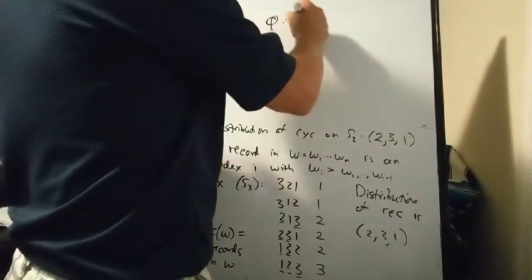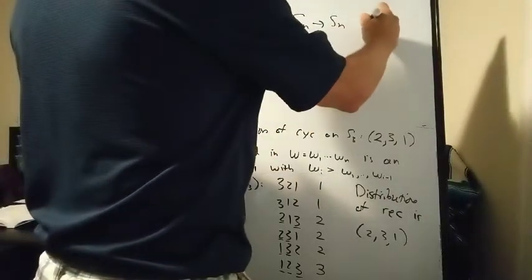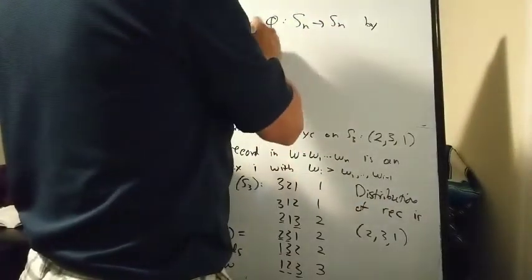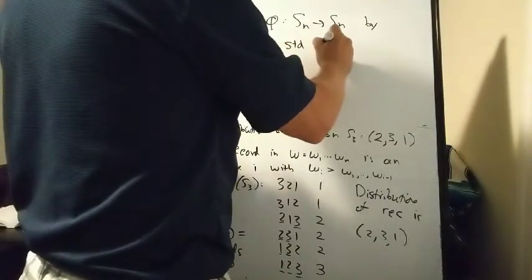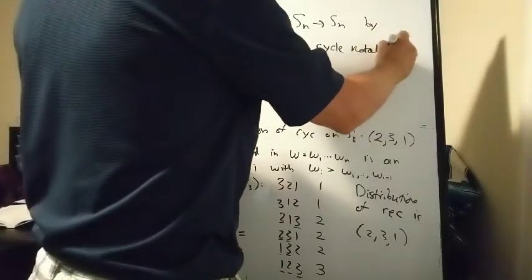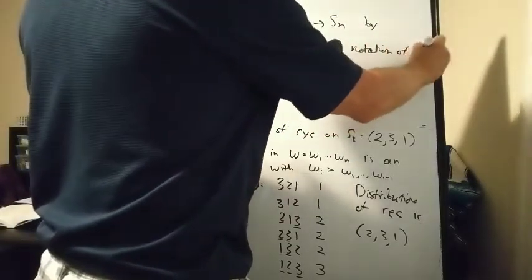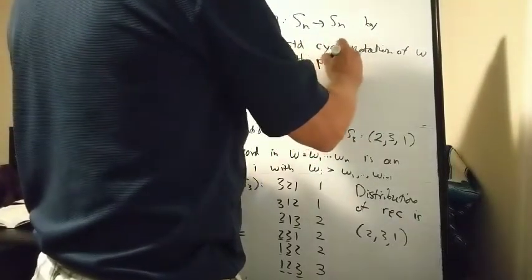Let's define phi from the symmetric group to itself by phi of W equals the standard cycle notation of W with parentheses erased.